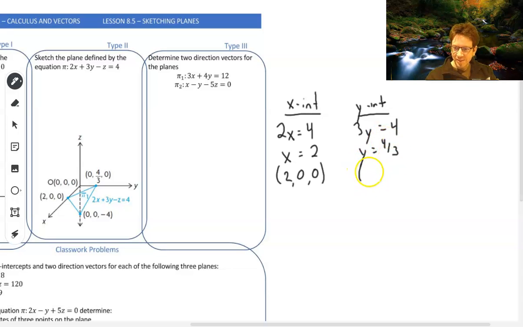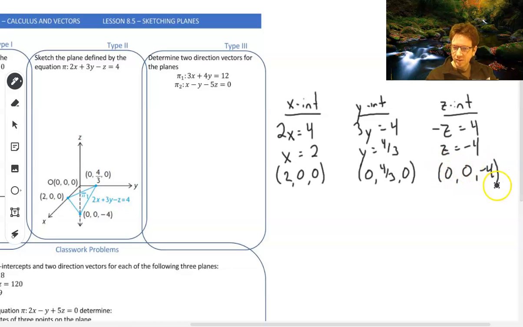So our y-intercept is 0, 4/3, and 0. And finally, our z-intercept will be when x and y are 0, so we're left with negative z equals 4, and so z equals negative 4, which would be 0, 0, and negative 4.